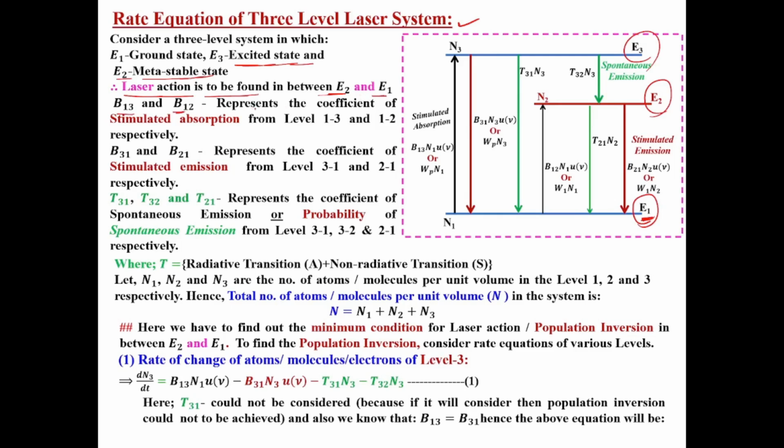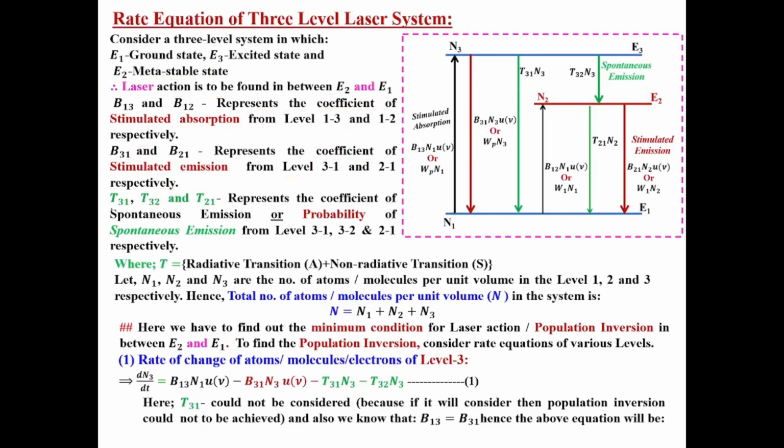B13, B12 represent the coefficient of stimulated absorption from level 1 to 3 and 1 to 2 respectively. B31 and B21 represent the coefficient of stimulated emission from level 3 to 1 and 2 to 1 respectively. Here 1 to 3 means from this level to this level, 1 to 2 means this level to this level.